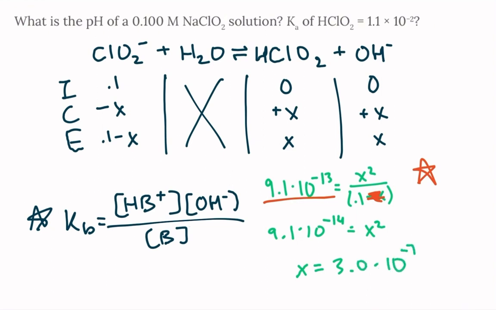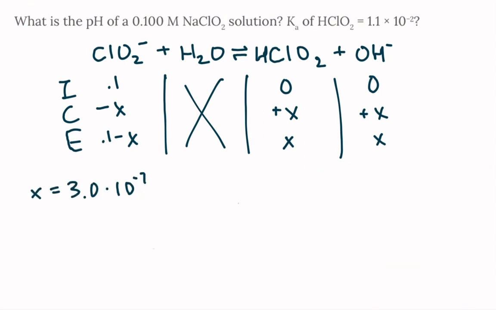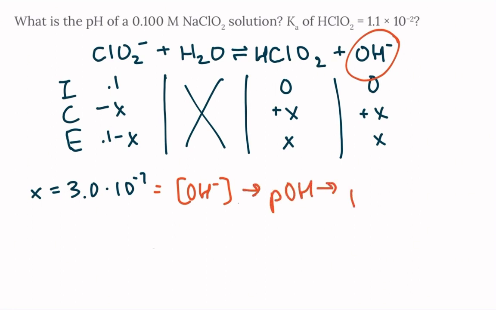Now that we found the X, you have to make sure that you know what X is. Our ice table tells us that OH- is equal to the X, so that means this is the concentration of hydroxide ions. But that's not what we're looking for, because we're looking for pH, so we have to change the concentration of OH- into pOH and then finally to pH.